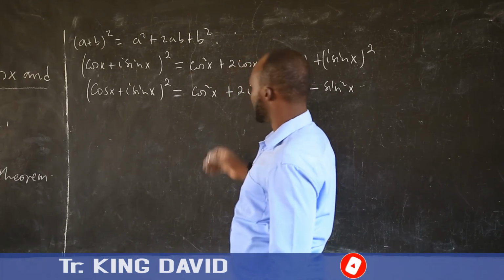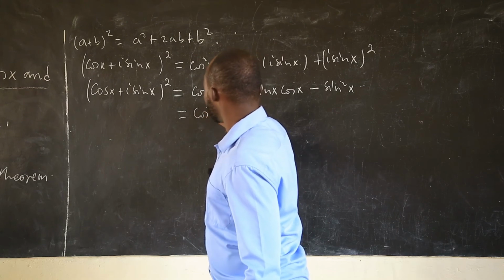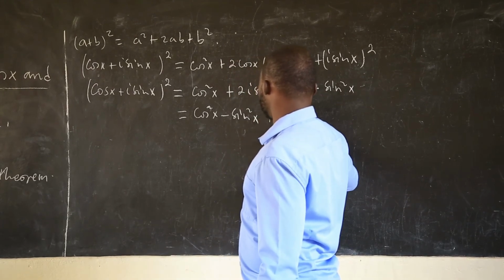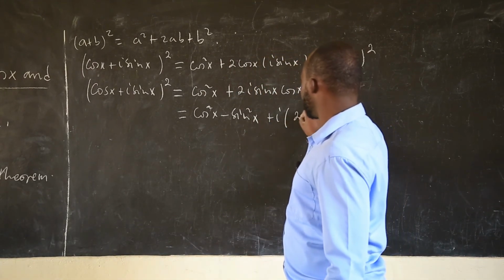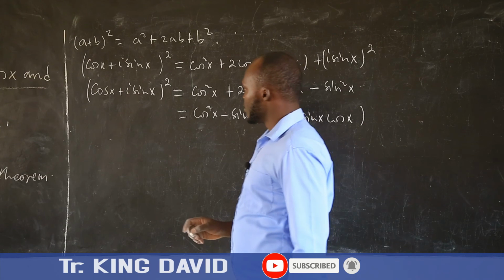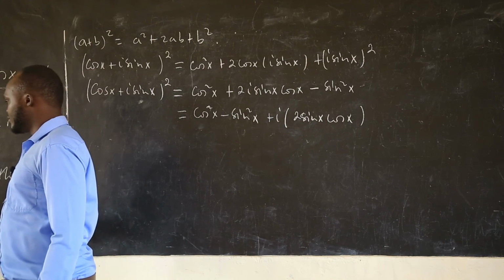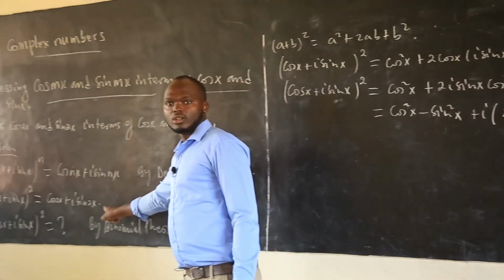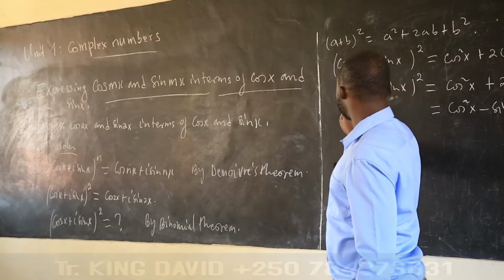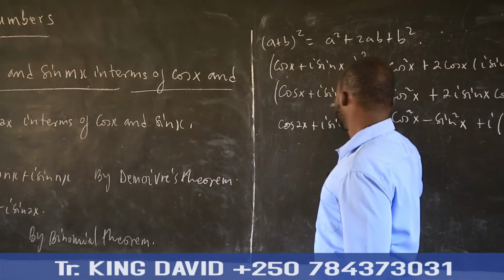Real part on one side and imaginary part on the other side: cos squared x minus sin squared x plus i times (2 sin x cos x). By the binomial theorem, the answer is cos 2x plus i sin 2x.